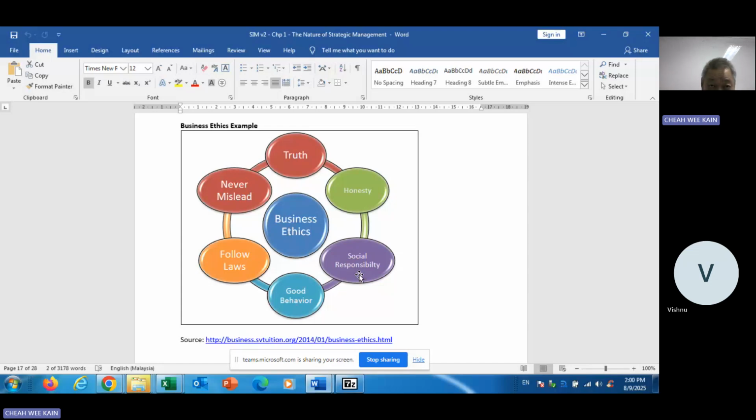And the last one is truth. Business ethics require you to tell the truth. That's the problem. Sometimes businesses do not tell the full truth. They tell half truth or quarter truth or something like the truth, but they don't tell the full truth. Why? Sometimes they're scared. If you tell the whole thing, then the customer is very angry, the government is very angry, external stakeholders are all very angry with you.